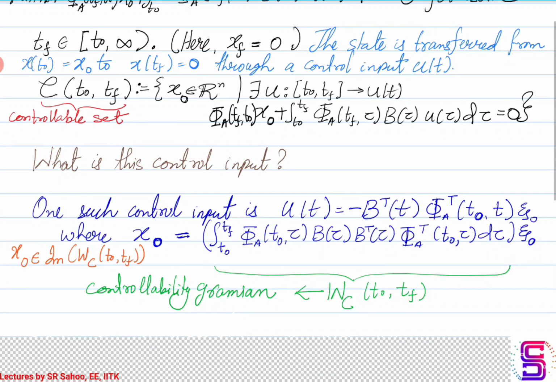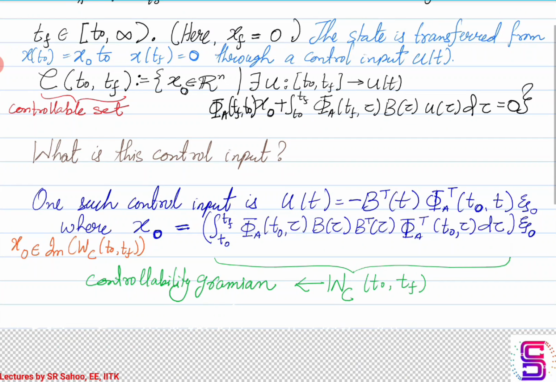There you had b transpose phi transpose psi f. Here you have b transpose phi transpose xi0. However, the difference is that phi was a function of tf and t for the control input regarding reachability, whereas here phi is a function of t0 and t, the initial time, for the control input that makes x0 controllable.